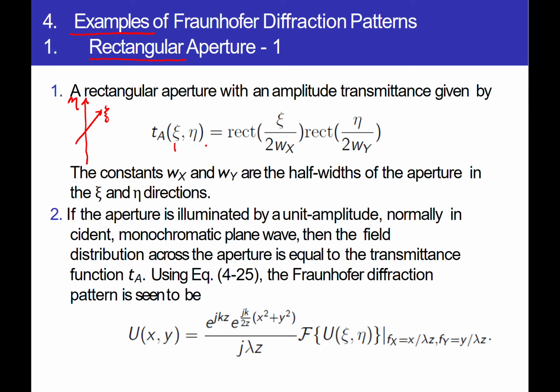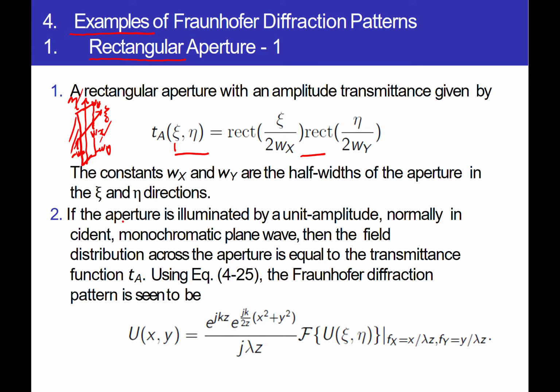In the horizontal axis we have minus wx to wx, and in the vertical axis minus wy to wy. So we have this kind of rectangular aperture. Other than this inside region, everything is black, so there is no light.